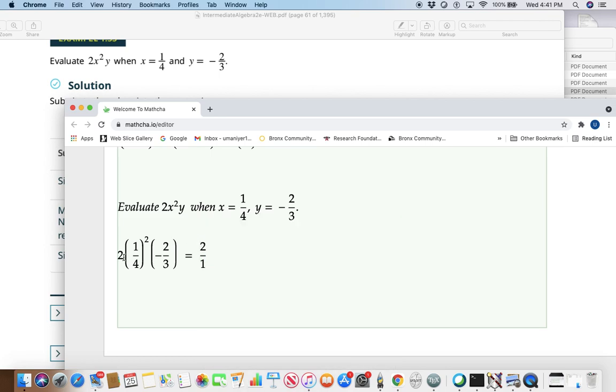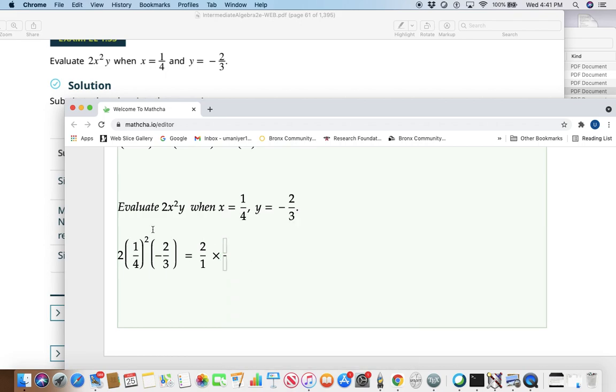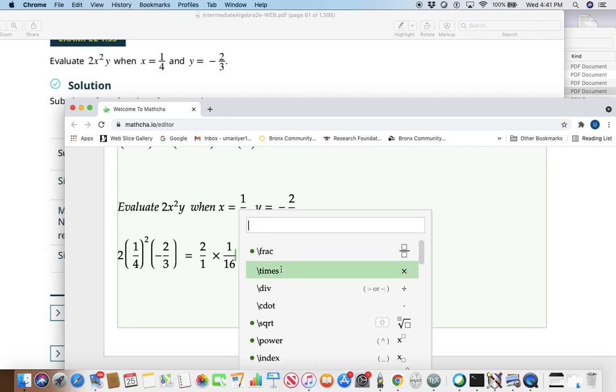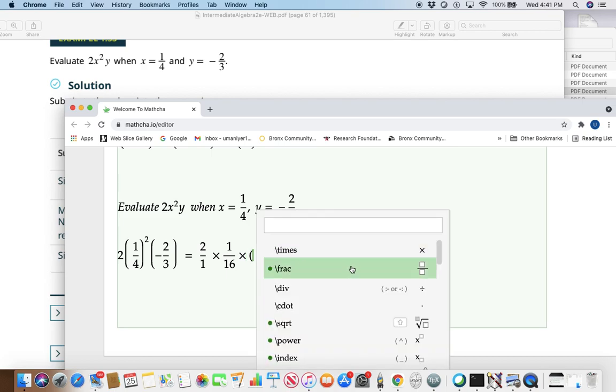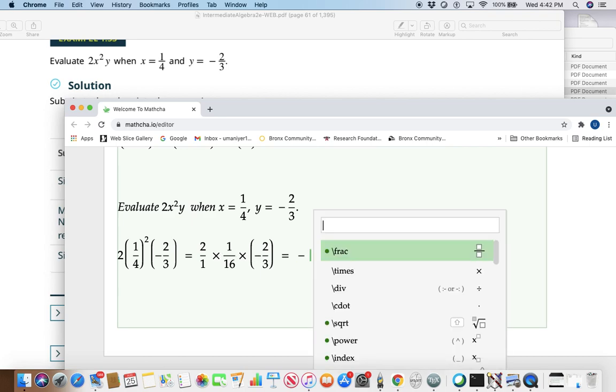You're multiplying it by the exponent: 1 to the power 2 is 1, and 4 to the power 2 is 16, times something negative, 2/3. Okay, negative 2/3. So positive times negative, it's an overall negative.